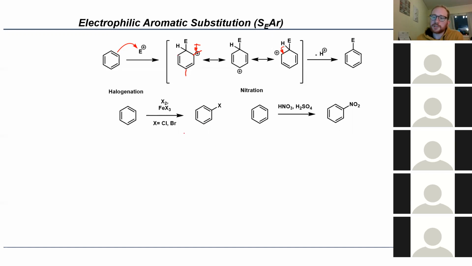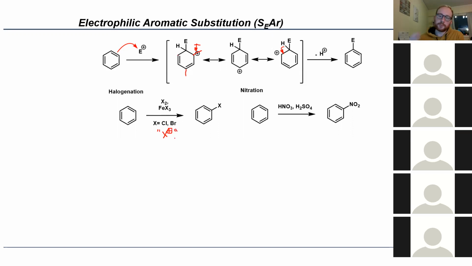And so the first reaction maybe that we learned was the halogenation reaction. It uses a halogen source of some sort, normally chlorine or bromine, and Lewis acids like iron tribromide or iron trichloride. What is important here is that the active electrophilic species is some sort of X+ species.